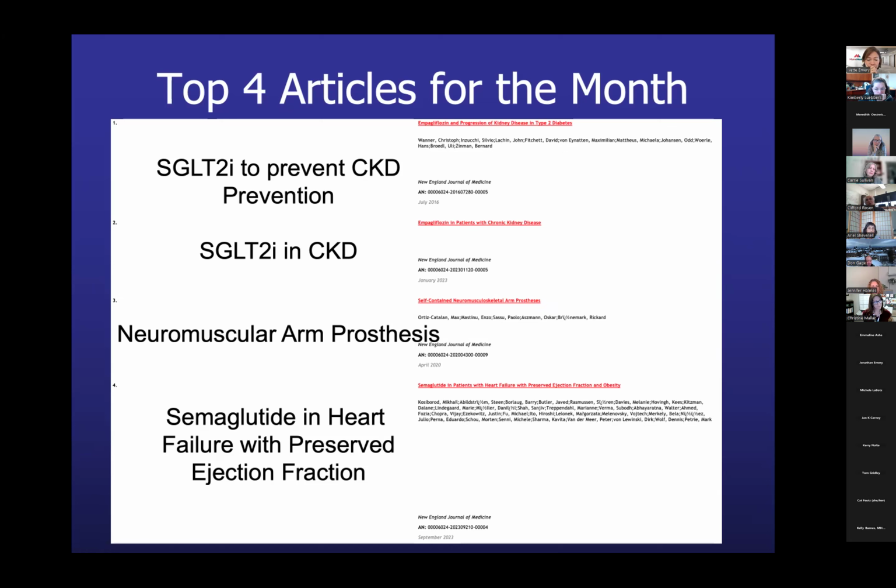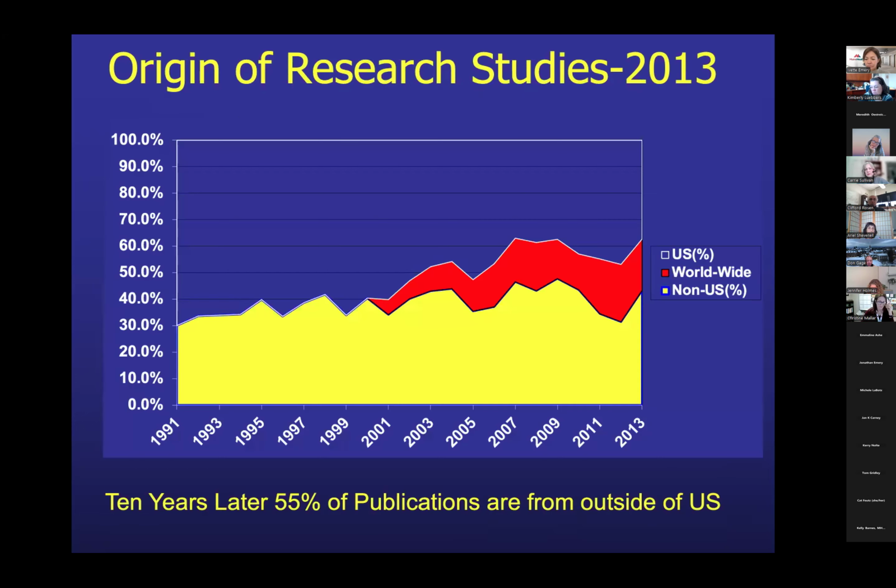So these are the top 5 papers and 4 papers of the month, I think in November of 2022, that were cited the most. And not only citations for subsequent papers that report this, but also just the number of hits that New England Journal gets on its website.